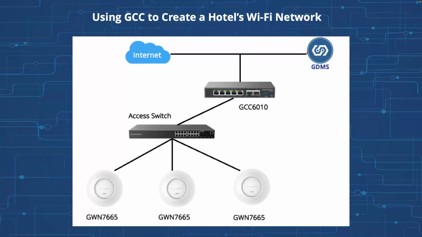It is being managed by GDMS, and then we've connected an access layer switch to one of the Ethernet ports on the GCC device and connected multiple GWN 7665s, our access points. We're going to utilize this to provide the hotel with a Wi-Fi network.